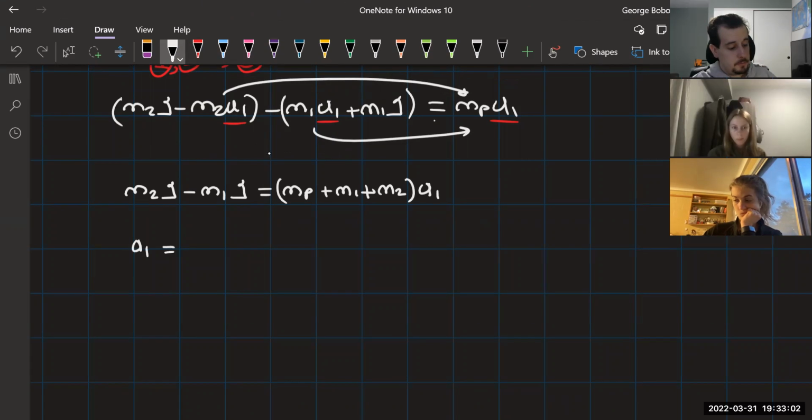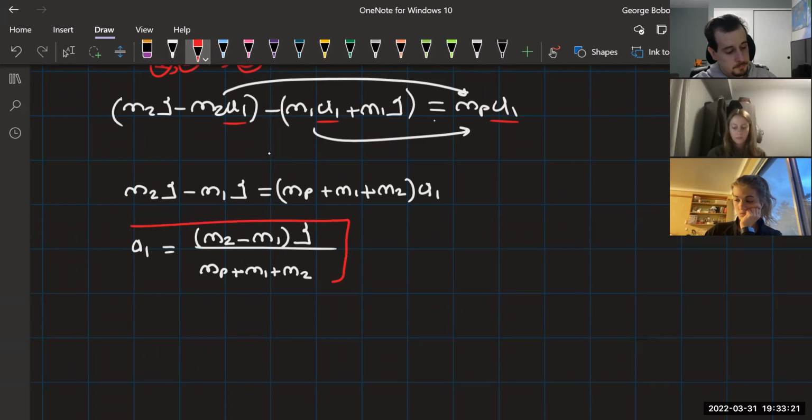So to solve, we have a division by the entire mass of the system, and on the top, I'm going to factor G out, so it looks like M2 minus M1 times G. And that is my answer. I'm not going to do the plugging in the numbers part, obviously, but that is my answer right now for what the acceleration should be.